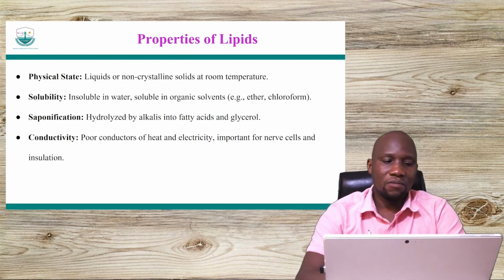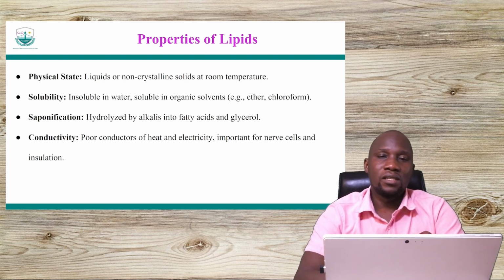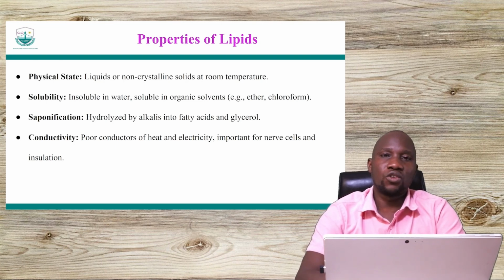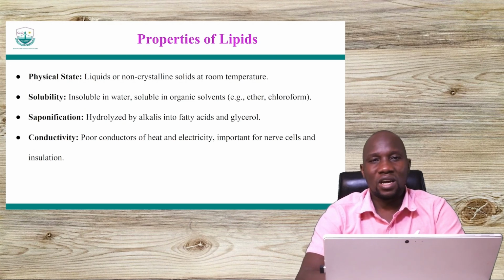So the other property is what we call saponification, which is the process of formation of salt. The process of formation of salt involves reacting either oil or even fats with a strong alkali. And in this case, you can use potassium hydroxide or sodium hydroxide. That reaction gives you what we call a salt.